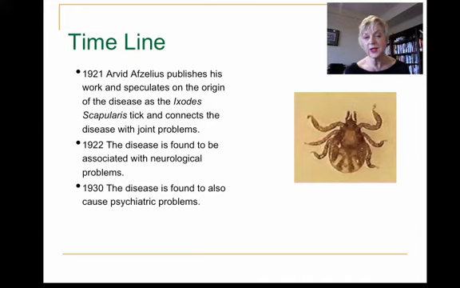Later, the disease was also identified as being associated with neurological problems and psychiatric problems as well. Many of you may know of someone who actually has the disease and may have suffered joint pain, arthritic type joint pain from the disease.